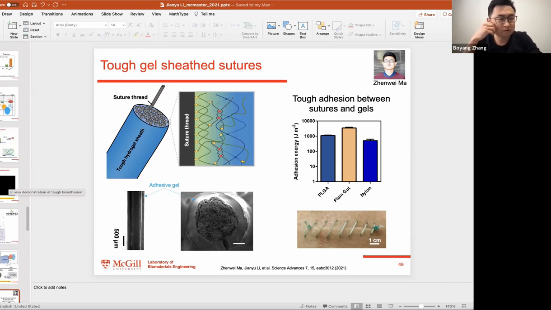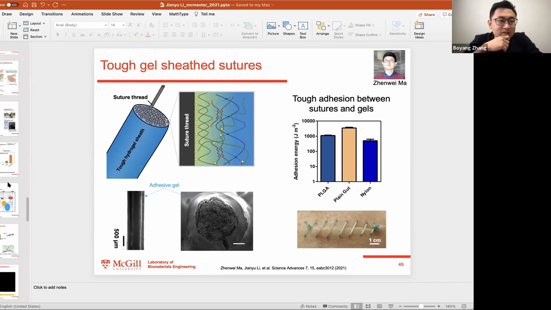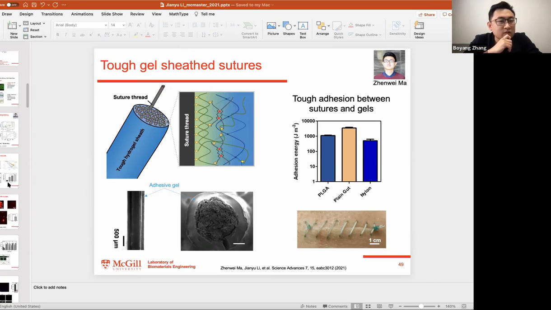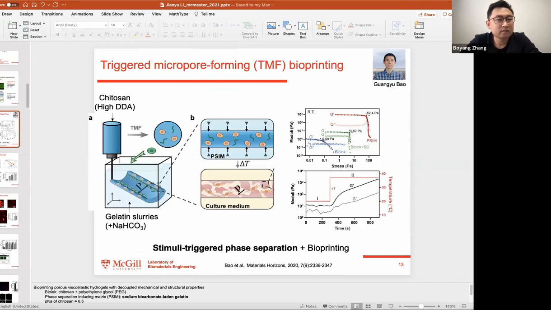So I actually have a question on the porous hydrogel work that we talked about. The base material for this hydrogel is PEG, right? So the essential material is chitosan. Okay.